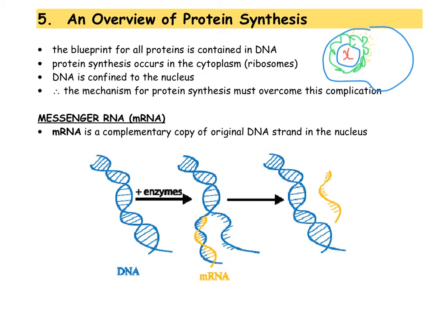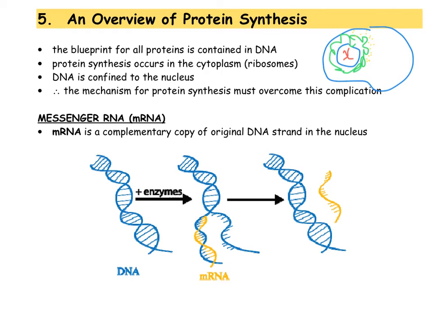So in the same way, mRNA is basically just a transformed version of DNA that is able to leave the nucleus. What mRNA does, its role, is to make a copy of DNA, but in a single-stranded mRNA version. It's going to make a copy of the gene that needs to code for a specific protein. And that mRNA is therefore going to be able to leave the nucleus and move to the ribosome.